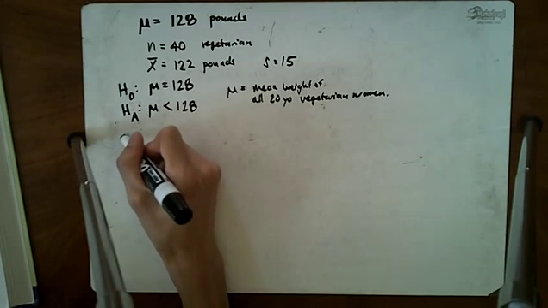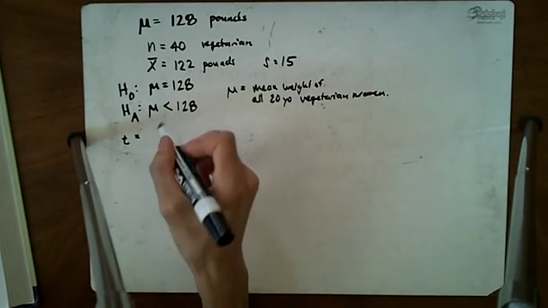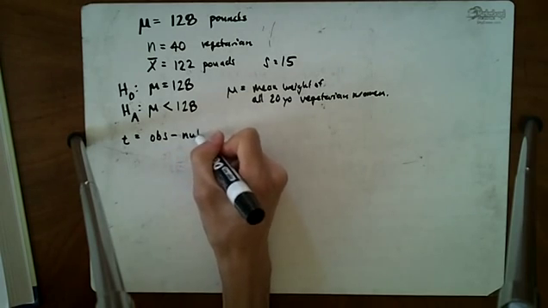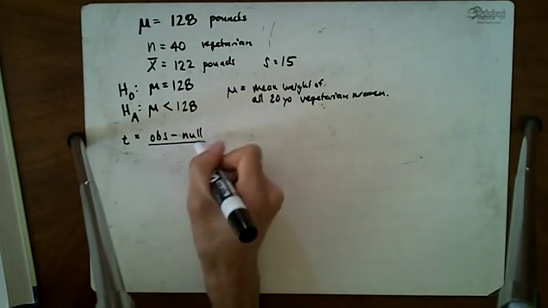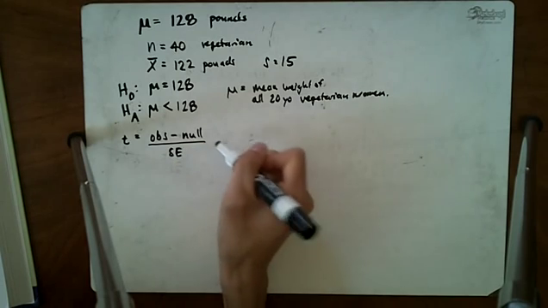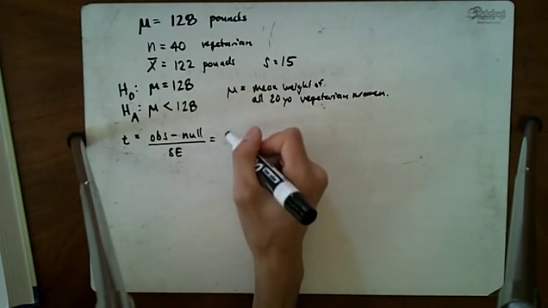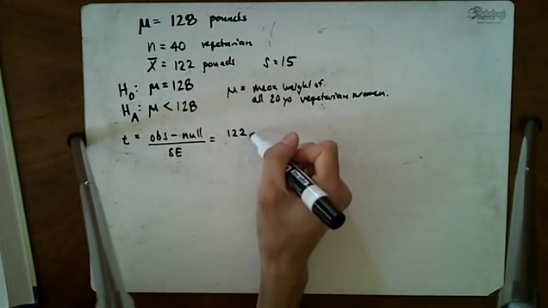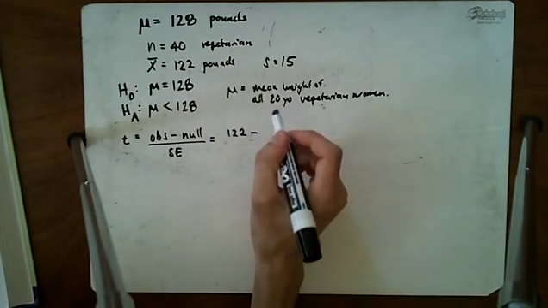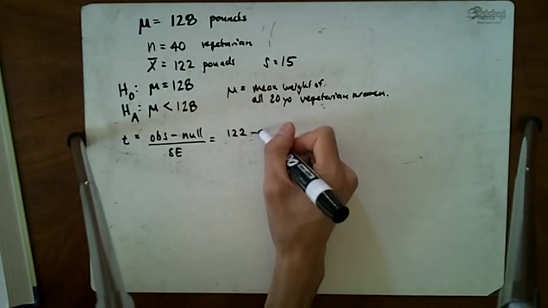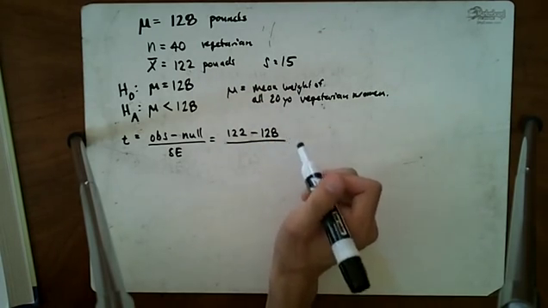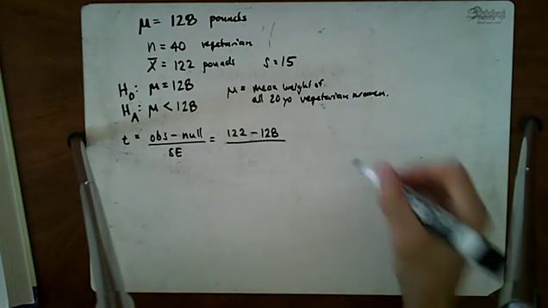Okay, so here we have to find our test statistic, which is what we observed minus what is stated by the null hypothesis divided by our standard error. What we observed was the average was 122. What the null hypothesis states is that the mean is 128, and here we got to figure out our standard error.